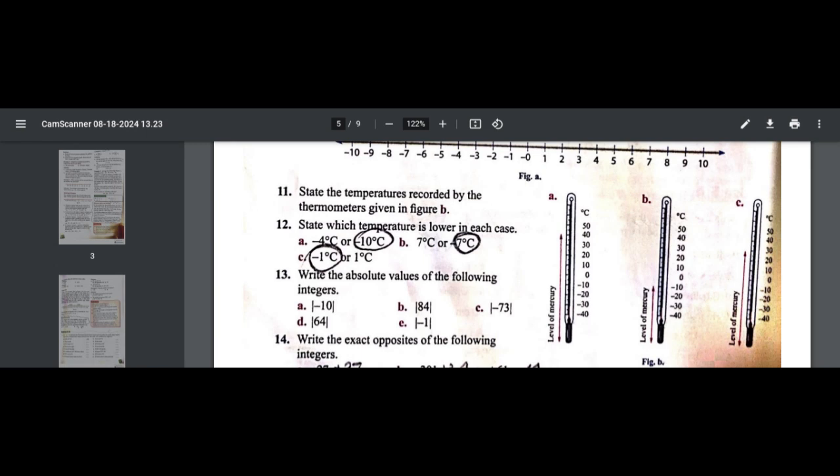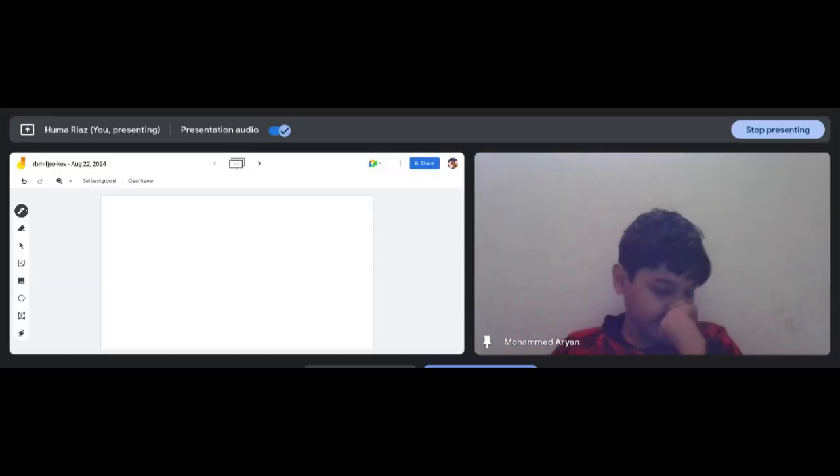You can write it on your textbook. Now for the B temperature, the temperature is about minus 10 degrees Celsius.